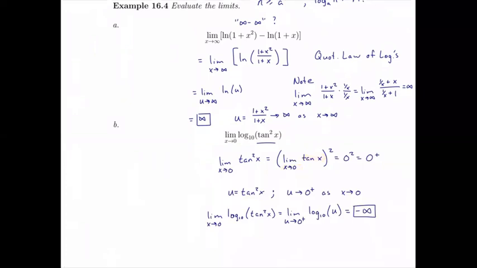I wrote 0 squared here just to show that it doesn't matter which side of 0 we approach tangent of x from, for tangent of x squared we're always going to approach from the positive side of 0.